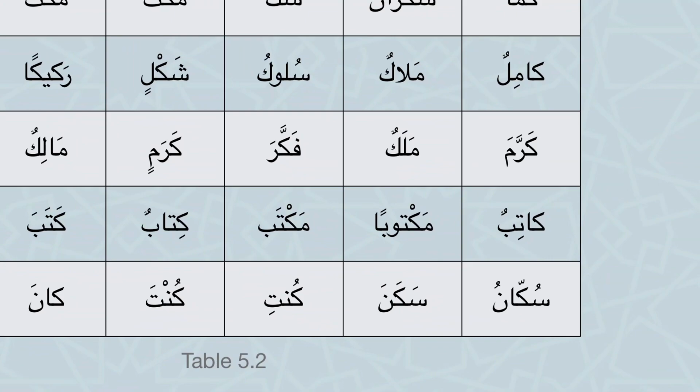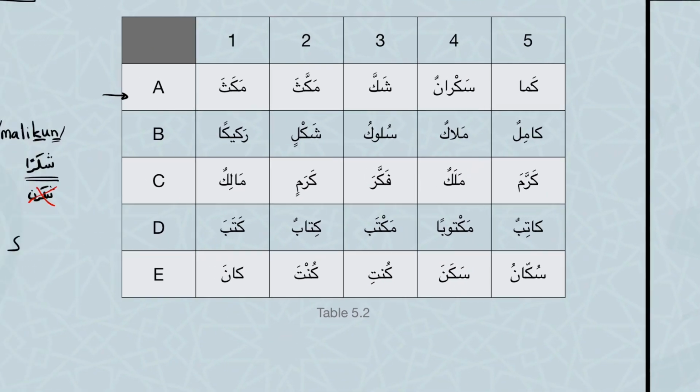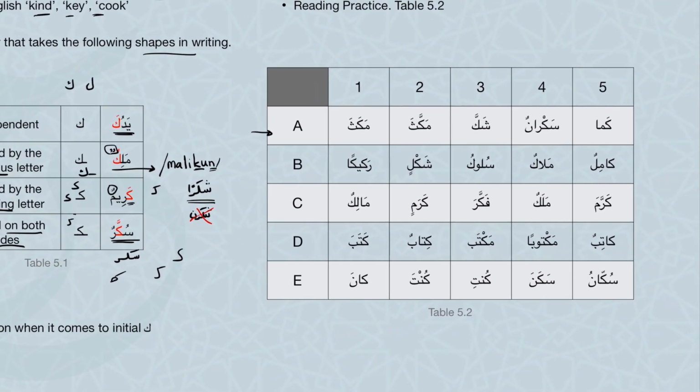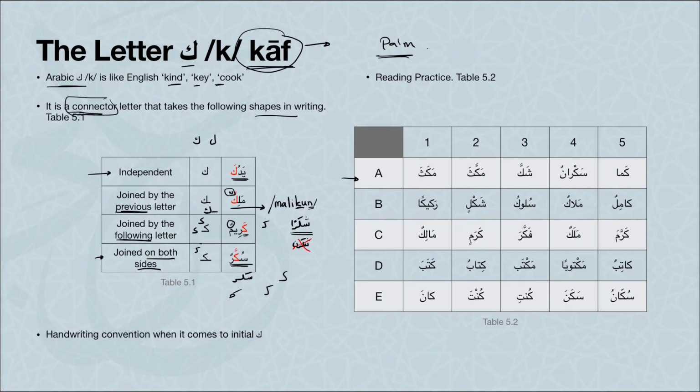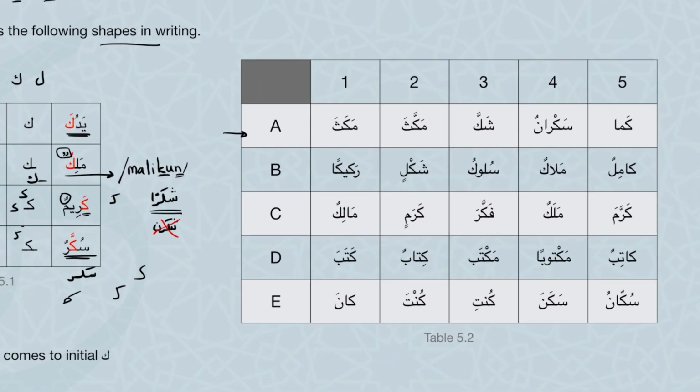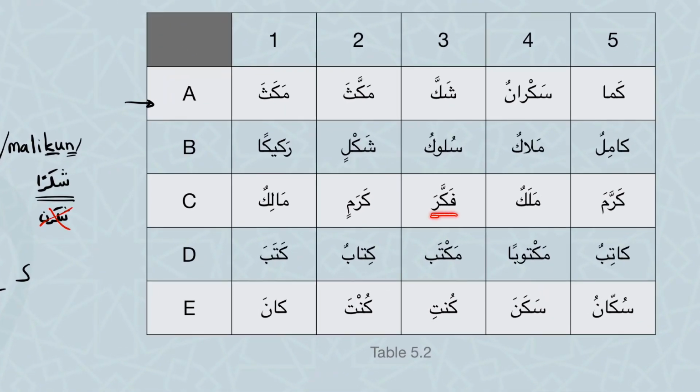تمام. I'm very happy that the pronunciation of kaf is kind of manageable. It's not that difficult. So if there are any questions about kaf, how C3 is pronounced. C3 here is fa has a fatha, the kaf has a shadda and fatha, and the ra has a fatha.